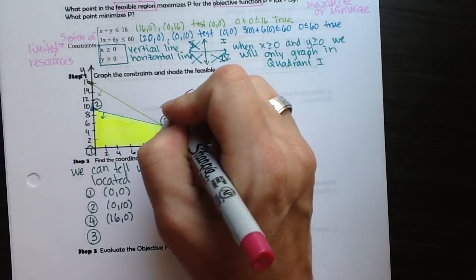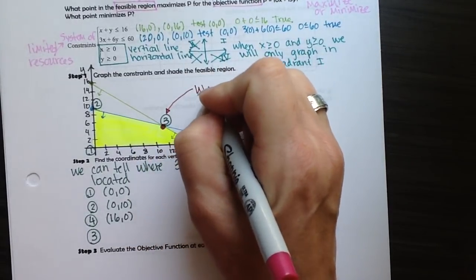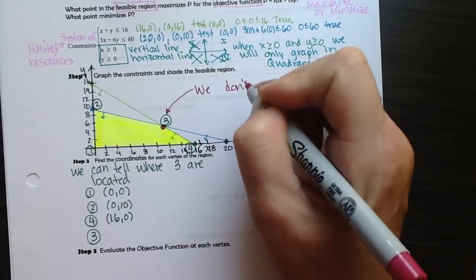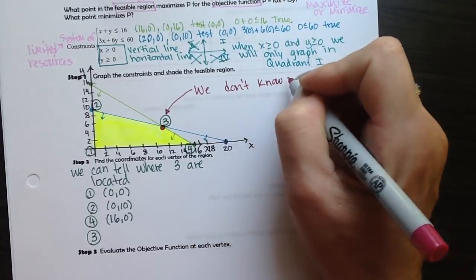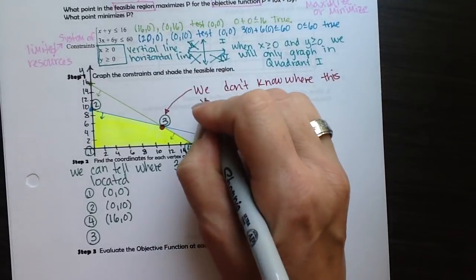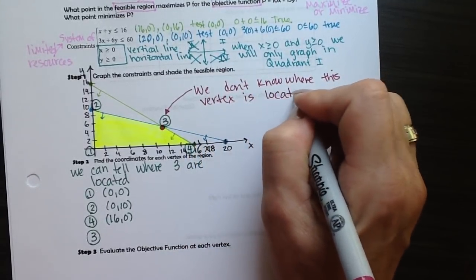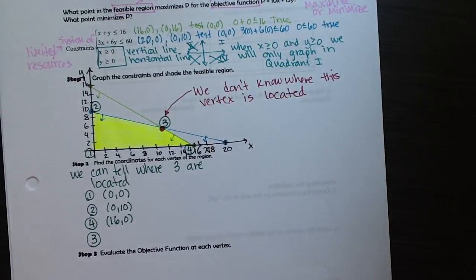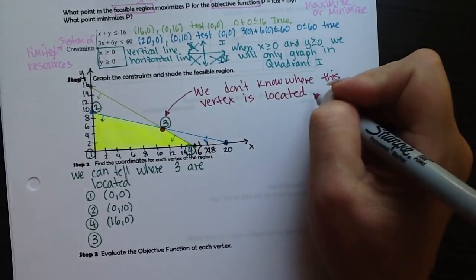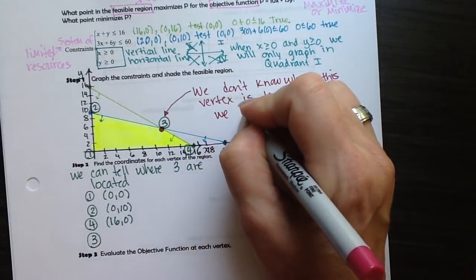So I'm going to make a little note here that we don't know where this vertex is located. You cannot tell just by looking. And I don't mean that as a challenge. I mean that we have to prove where it's at. So we have to work for it.